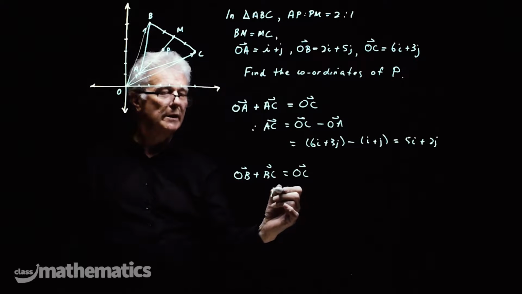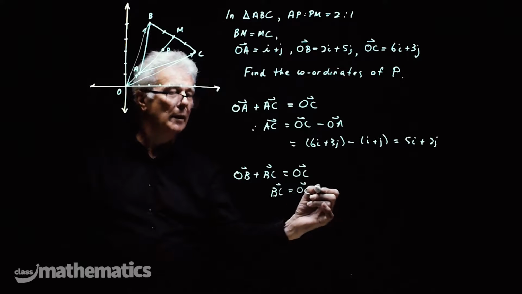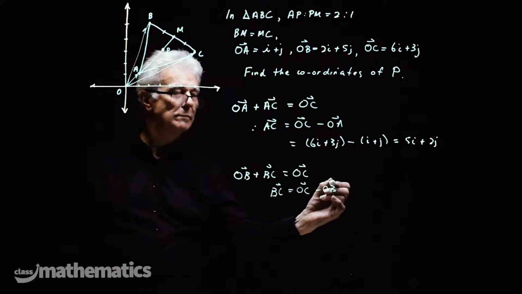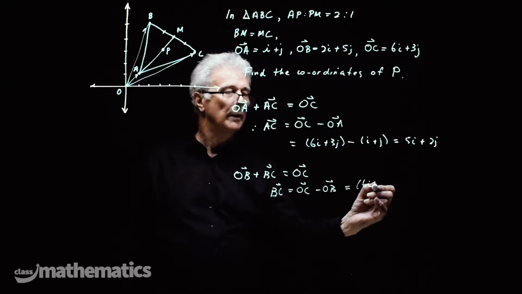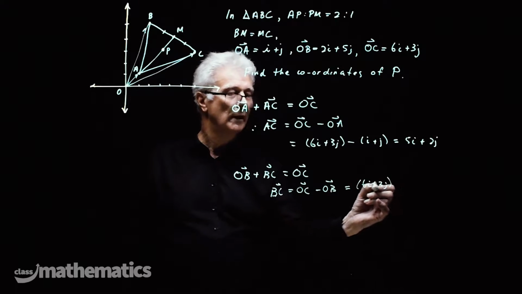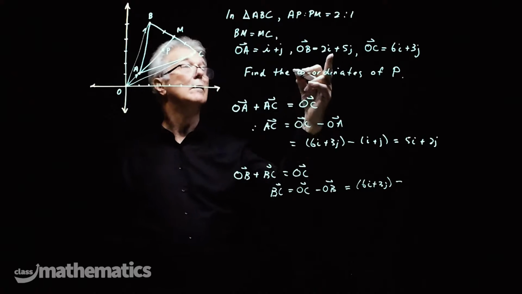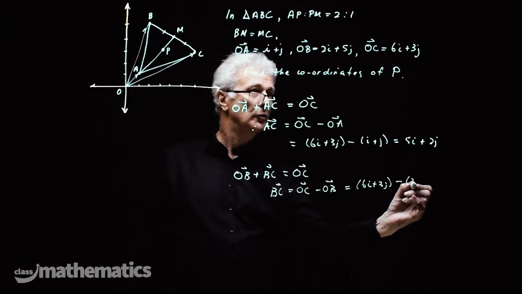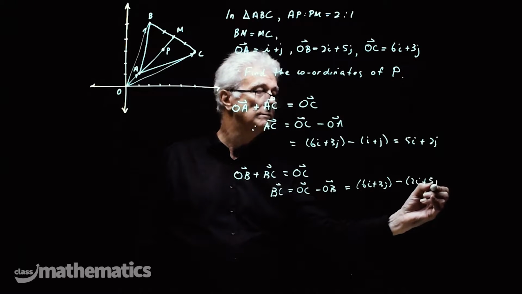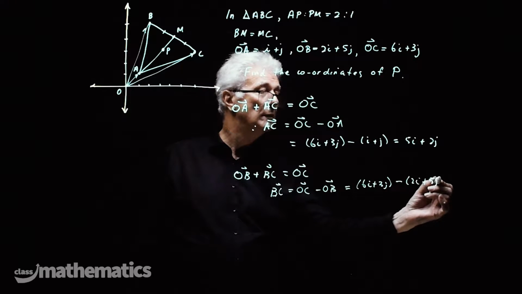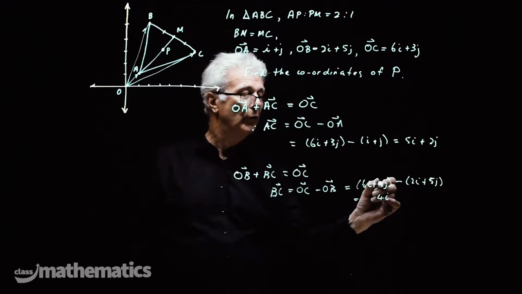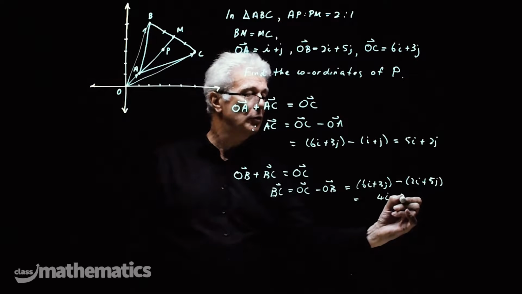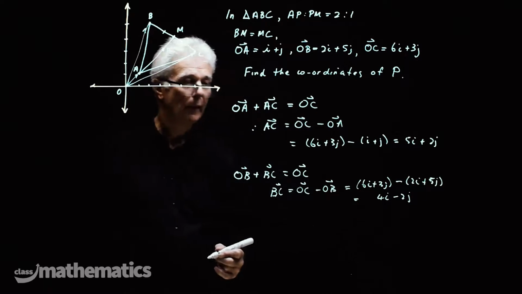So therefore BC must equal OC minus OB, which equals 6i plus 3j minus OB, which is 2i plus 5j, and that's going to give me 4i and 3 minus 5, minus 2j.